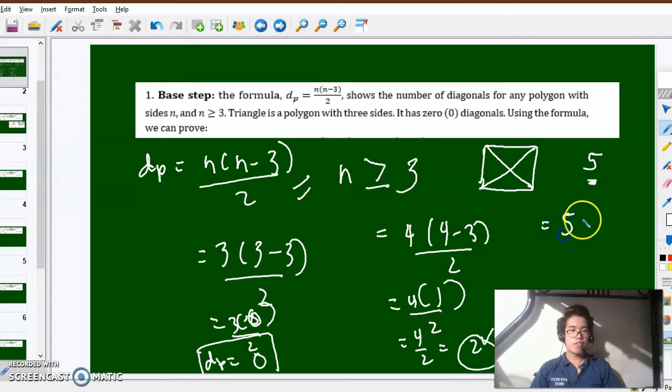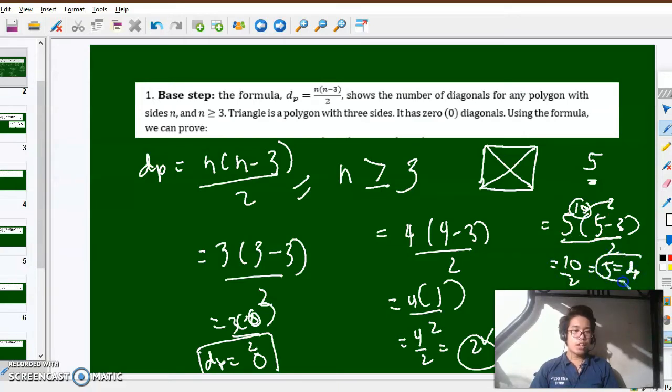We have 5 times (5 minus 3) all over 2. 5 minus 3 is simply 2, times 5 is 10. And 10 divided by 2 is 5. So there are 5 diagonals for a 5-sided figure or pentagon.